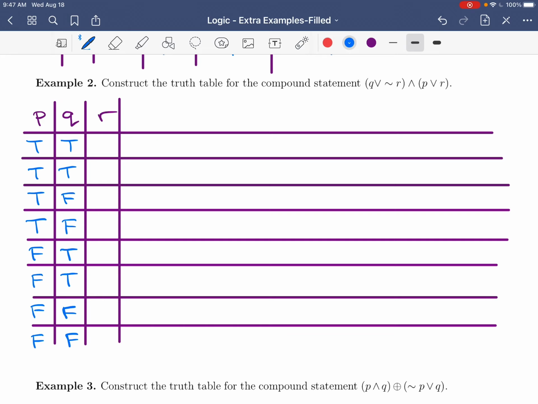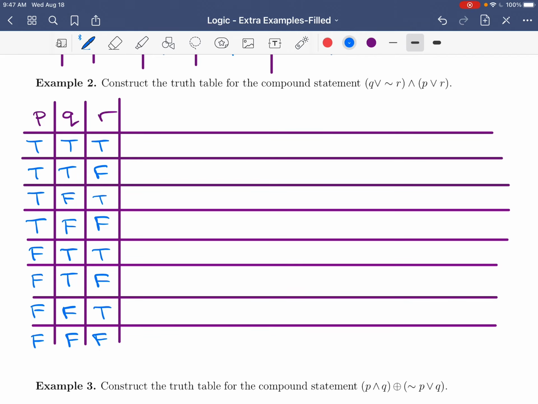Then R is just going to alternate. When P and Q are both true, R could be true or false. And these two, P and Q, are both the same, so I need to alternate R. That's going to guarantee that I get all 8 combinations.